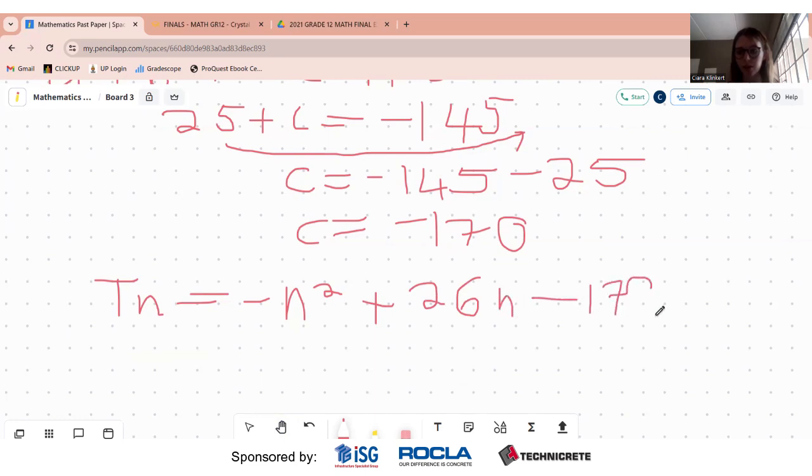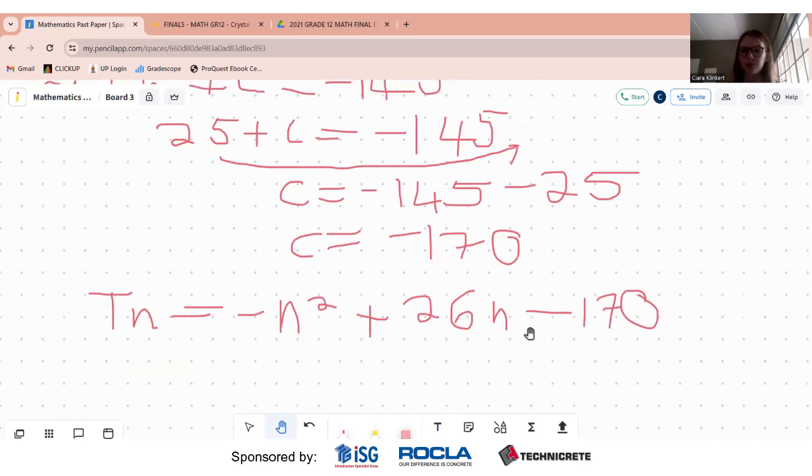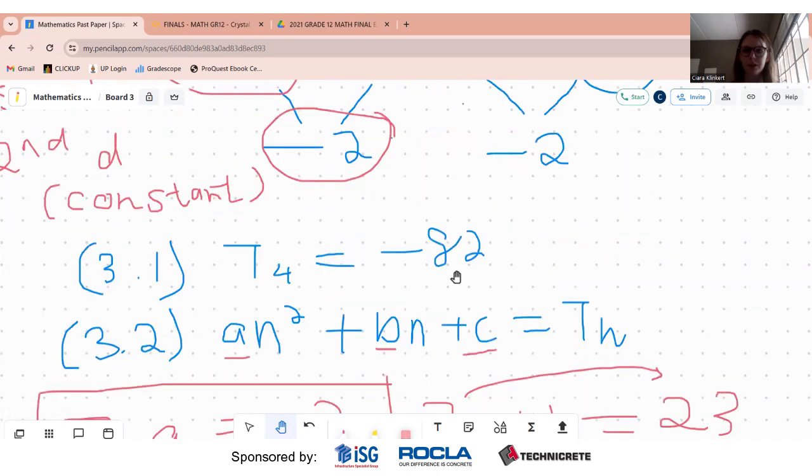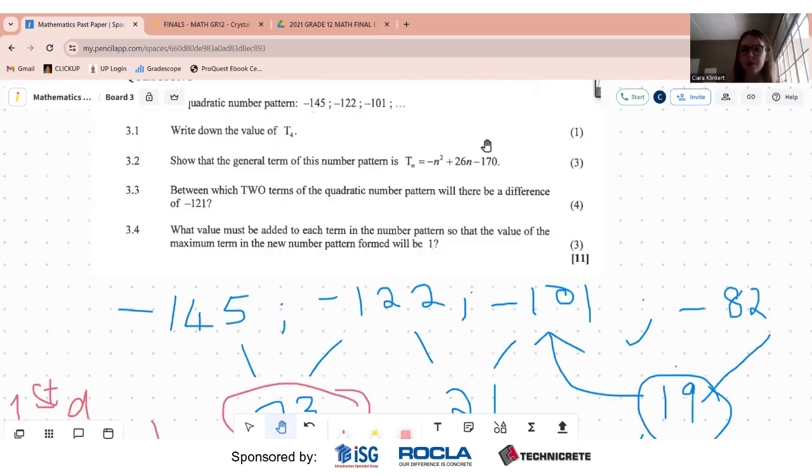Now, good practice after you're done calculating this is sometimes they tell you what the form of the general term should be. So let's go see if we've got the correct form. Yes, we do. So we've done the right thing.